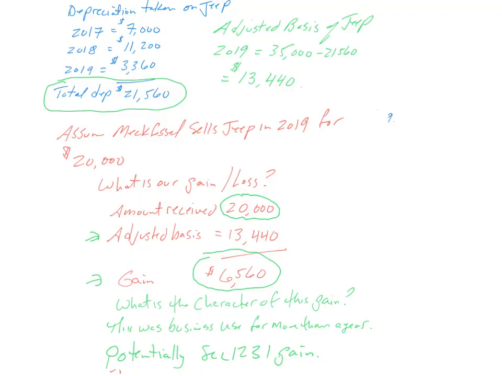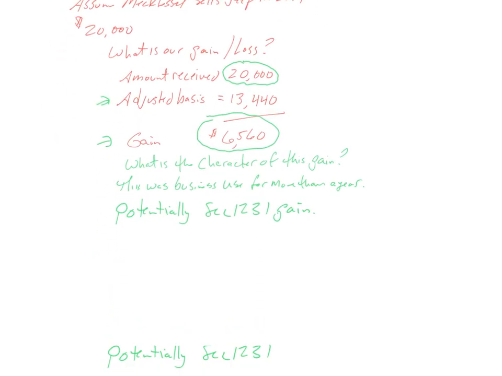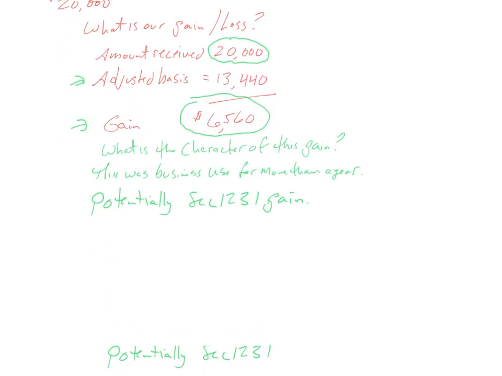So all of this gain was generated purely by the fact that we depreciated this asset over its useful life. So we can't treat this gain as capital. All right? So what that brings us to is kind of situation one.